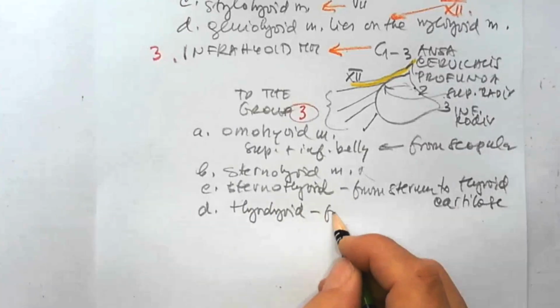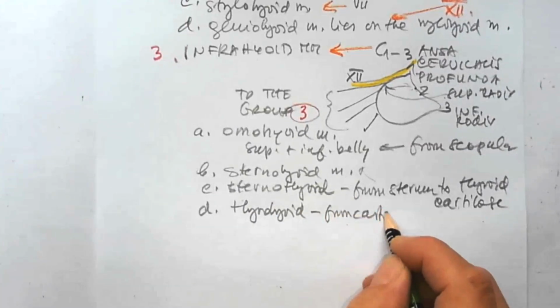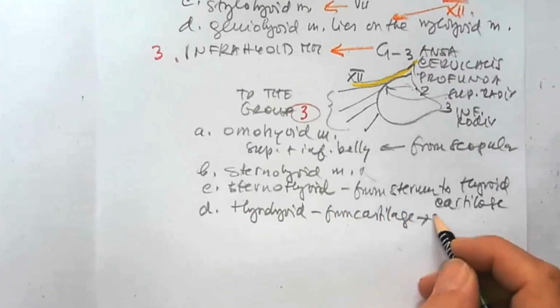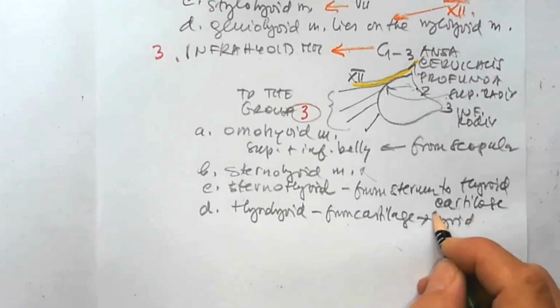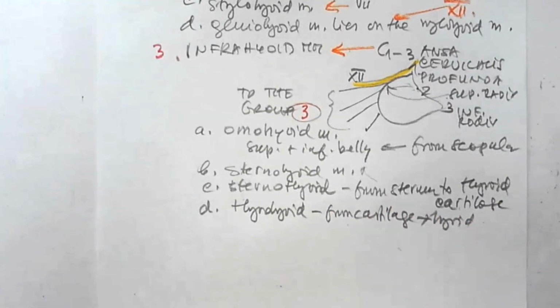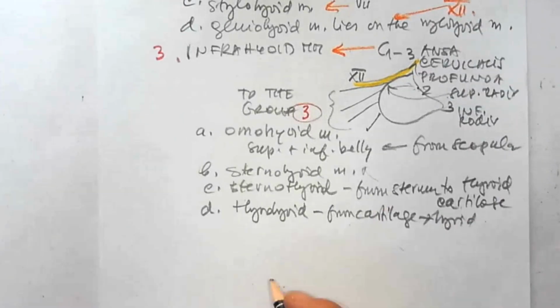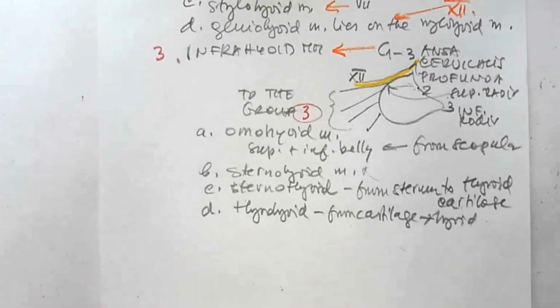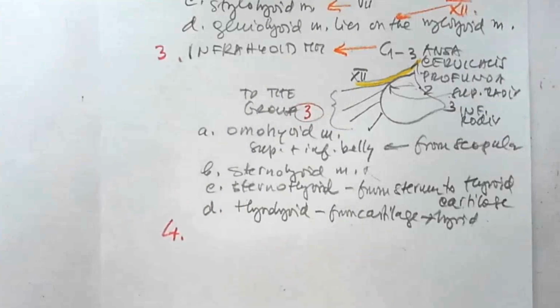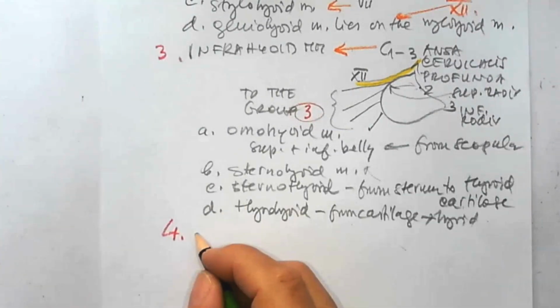So again, from cartilage to hyoid. You see, in fact, two of them form the same muscle.